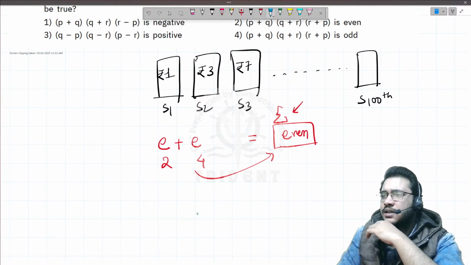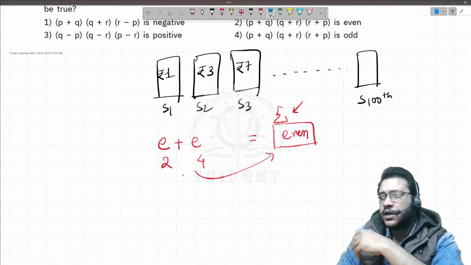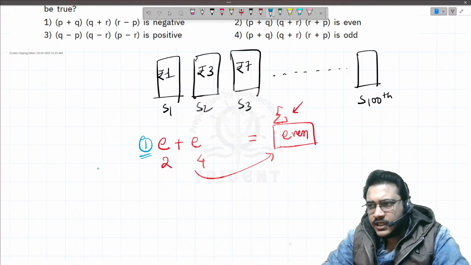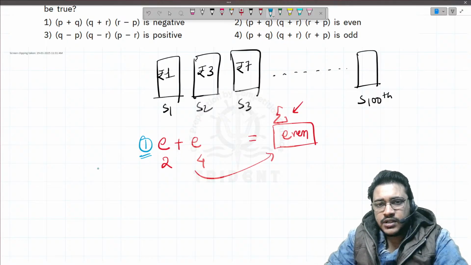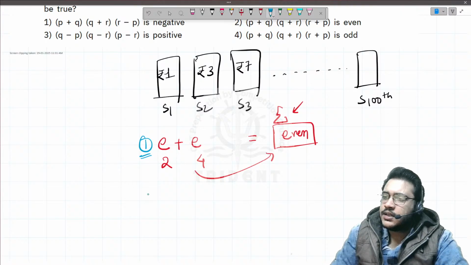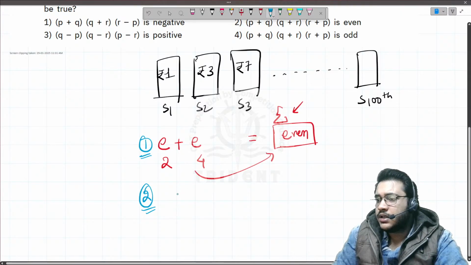However, this is a little different when there is a case of odd numbers. So the first point that we have understood is that if we are adding even numbers, the summation will always be an even number. What that summation is, we don't care, but it is going to be an even number. The second part of this problem is: what about odd numbers?